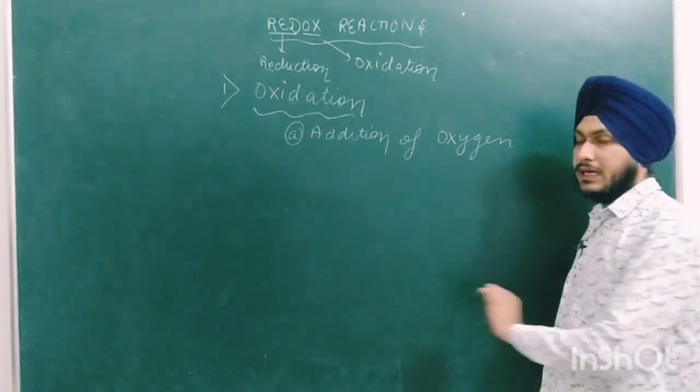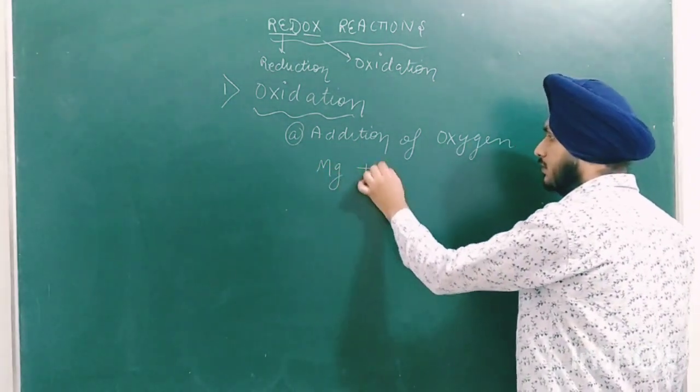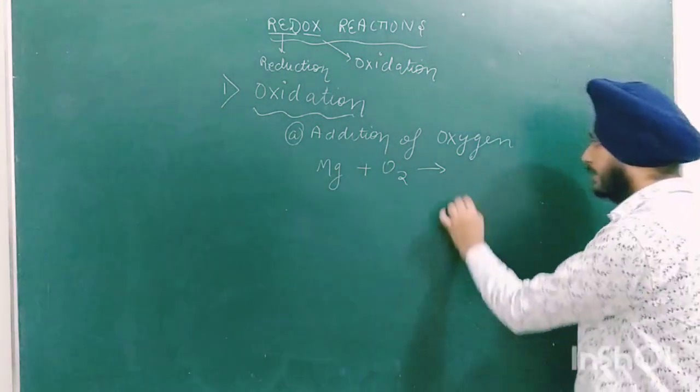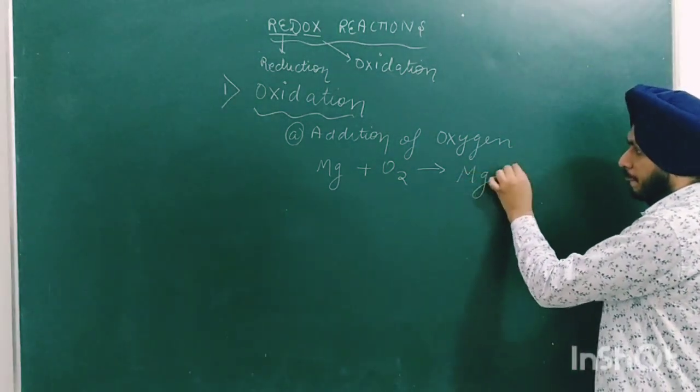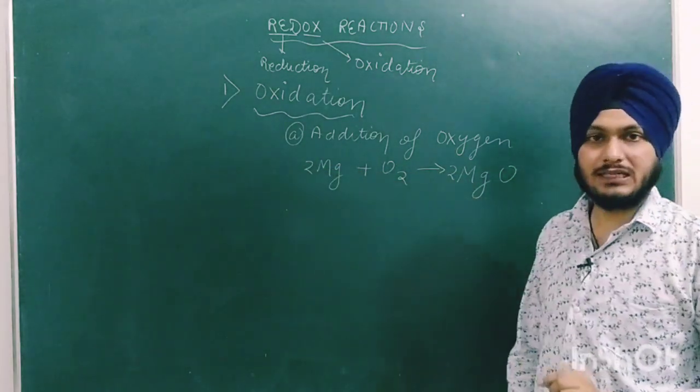For example, if we have Mg plus O2, I am adding oxygen to magnesium, then we will get MgO. Balance this equation. So this is an oxidation reaction.